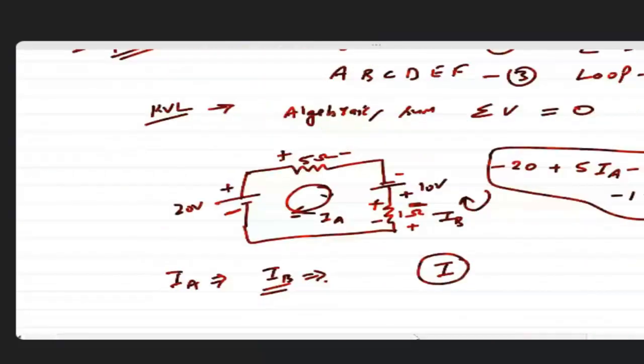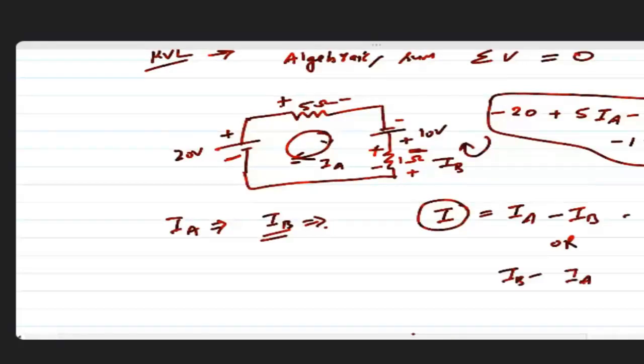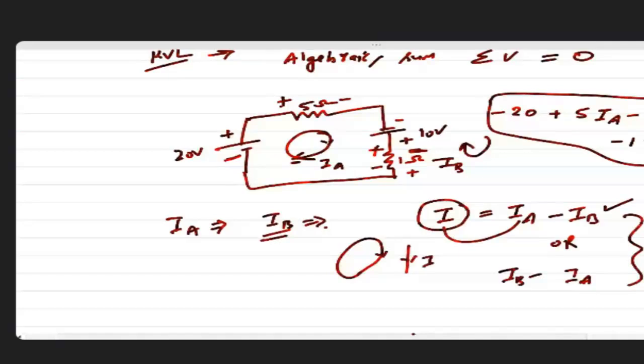Tell me the final current. The final answer will be IA minus IB, because this current I and IA are in the same direction: IA was flowing like this, I was flowing like this, and IB was flowing like this.